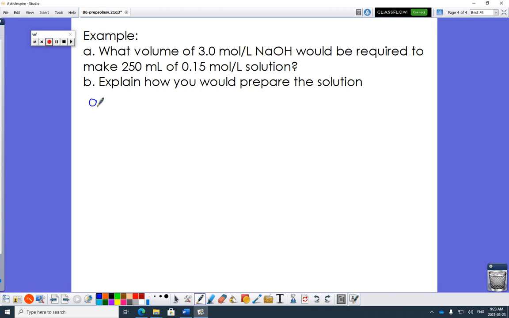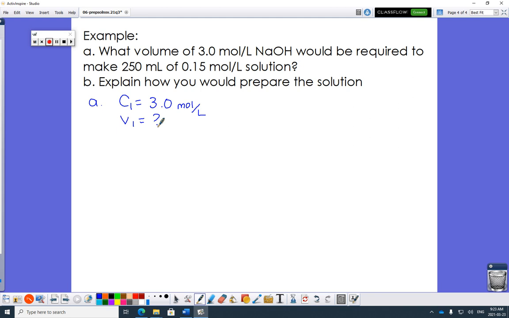So I'll write out the data, but again, you can reason through it if you don't want to do that. So what volume of 3 molar sodium hydroxide? So what volume, that's what I'm finding.